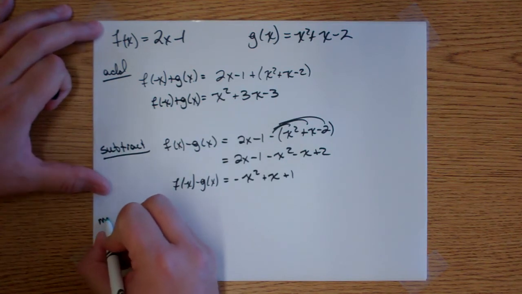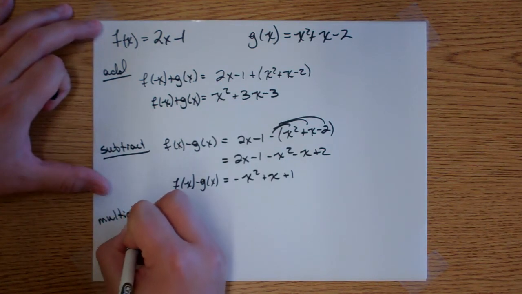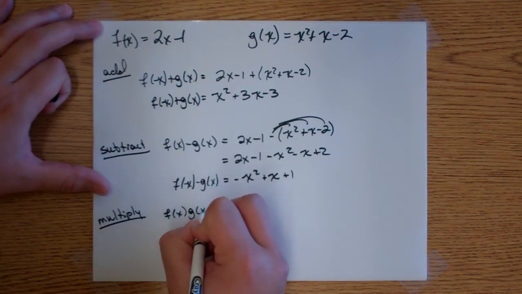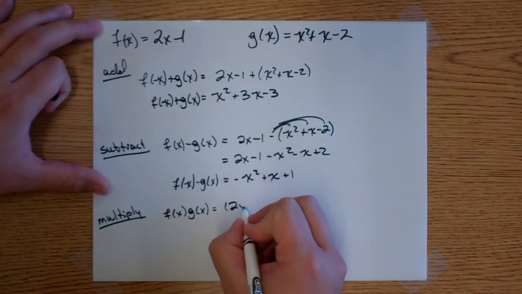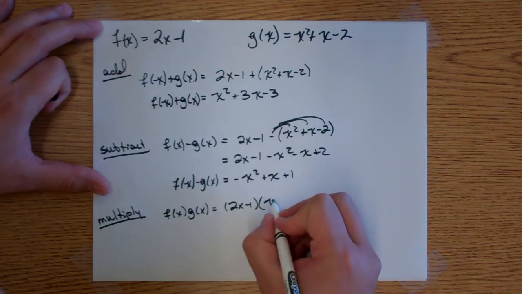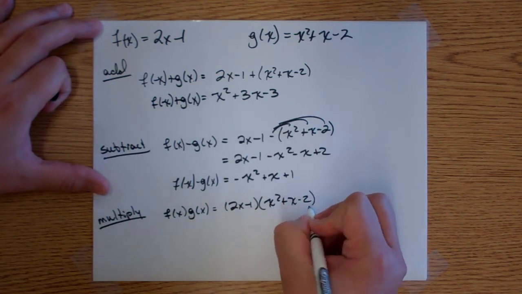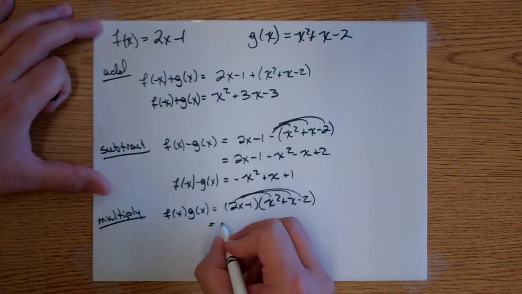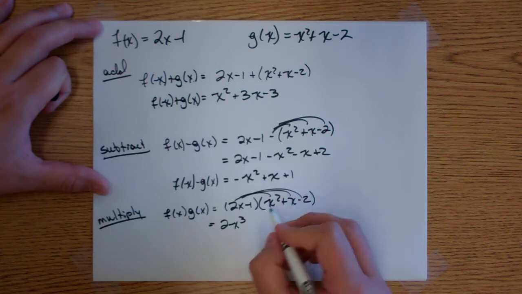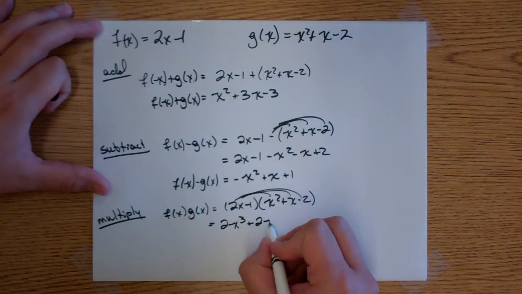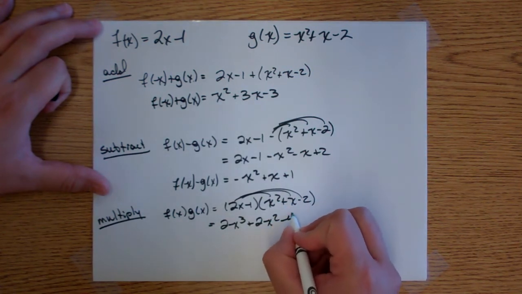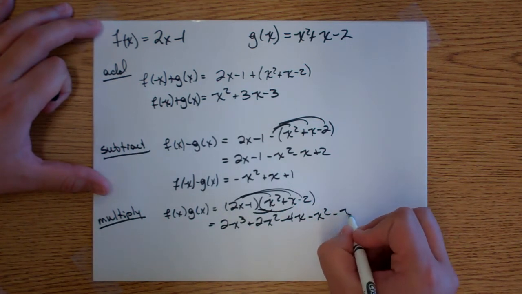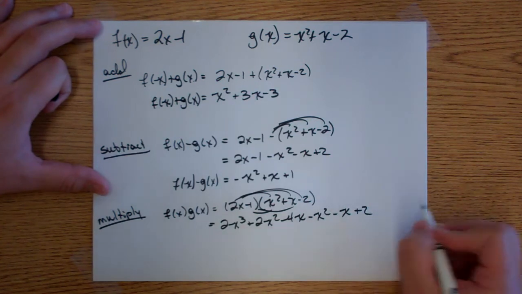All right, now if we multiply, we're going to have f of x g of x. So it's going to be 2x minus 1 times x squared plus x minus 2. You simply FOIL, basically. So we have 2x cubed plus 2x squared minus 4x minus x squared minus x, and then plus 2.